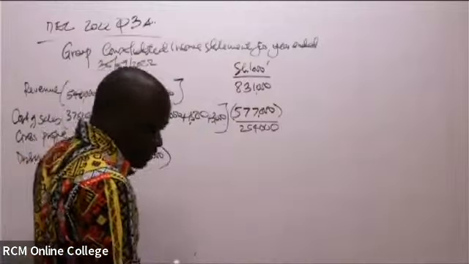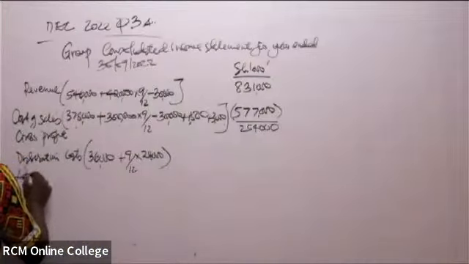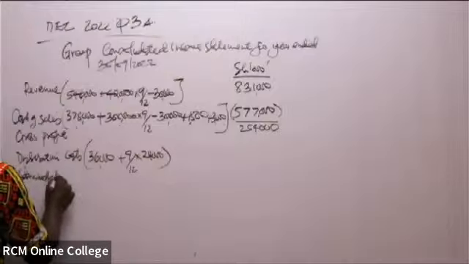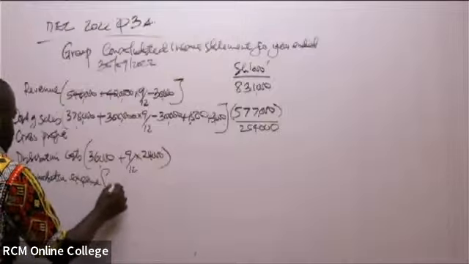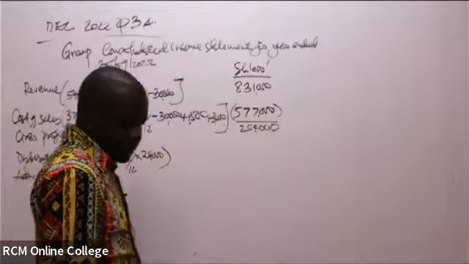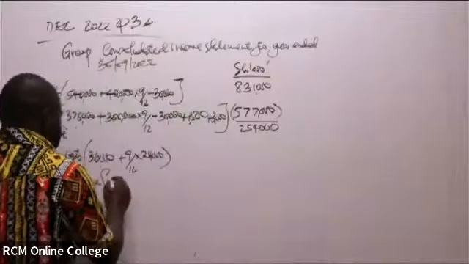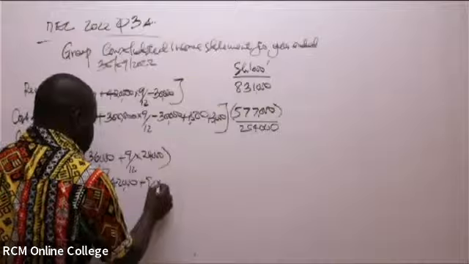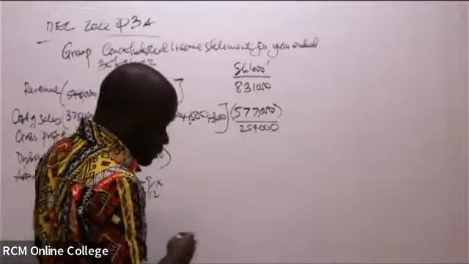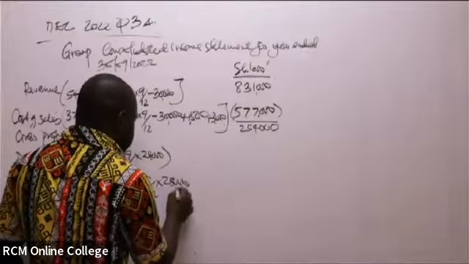Then you have administration expenses. Those of the holding company are 42 million, plus 9 out of 12 multiplied by those of the subsidiary, which are 28 million.